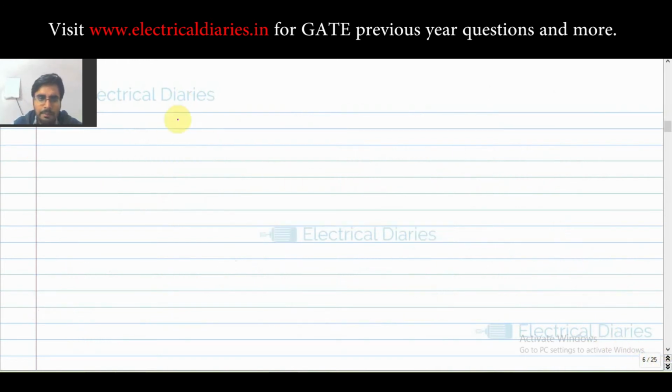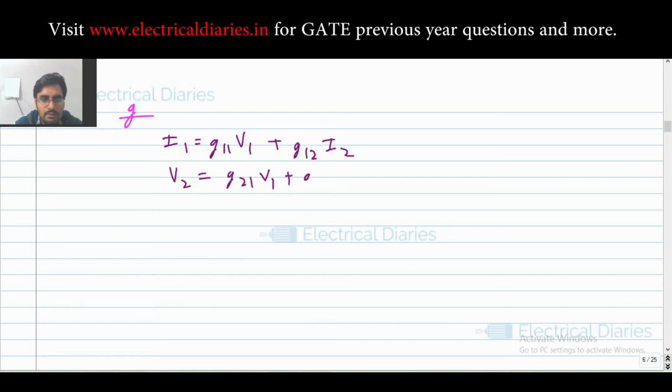I hope you get the idea. See, what are our G parameters? I1 is equal to G11 V1 plus G12 I2, and V2 is equal to G21 V1 plus G22 I2. And we have our H parameters as just an interchange: V1 is equal to H11 I1 plus H12 V2, and I2 is equal to H21 I1 plus H22 V2.